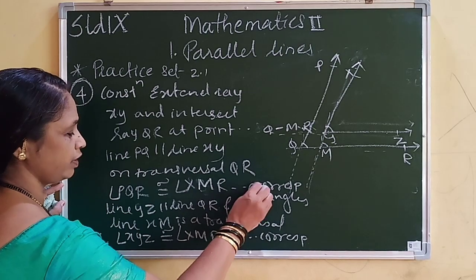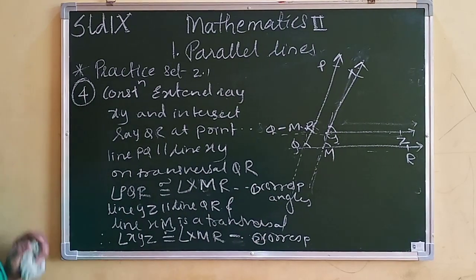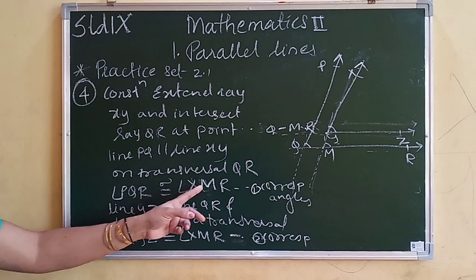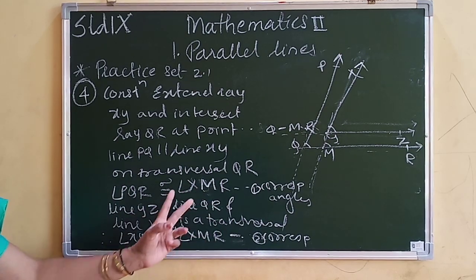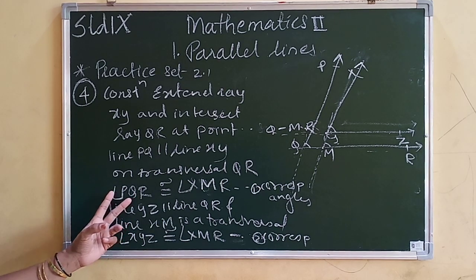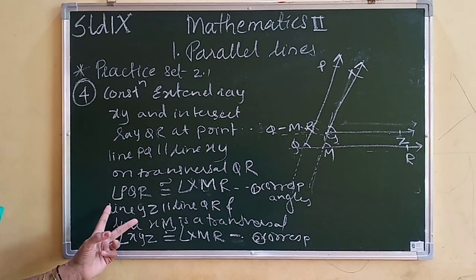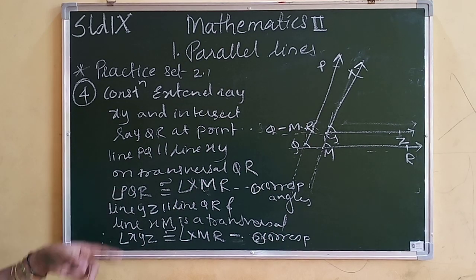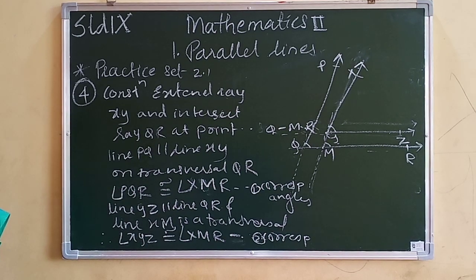So this will be 1 and this 2. See, from 1 and 2 we have got XMR and XMR. XMR means PQR. What we have to prove is that angle PQR is congruent to angle XYZ. Hence proved.